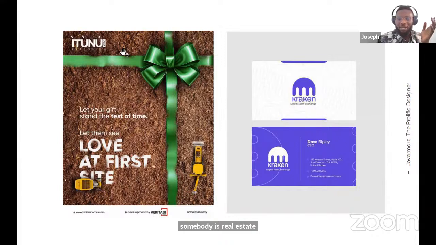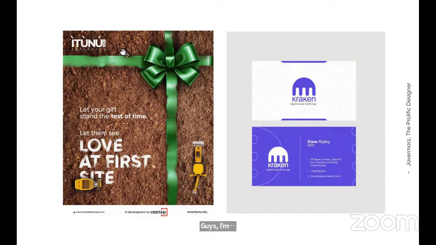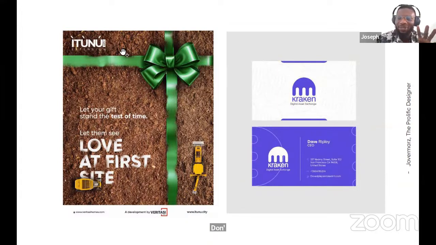So it means that I've given you people a Valentine's gift idea for next year. Just go and save your money and come and buy land. Don't put us in trouble. It's just an idea. Whatever you do with it is up to you.